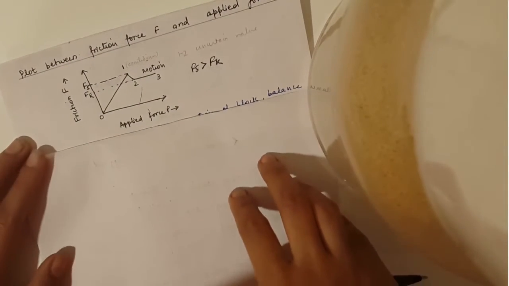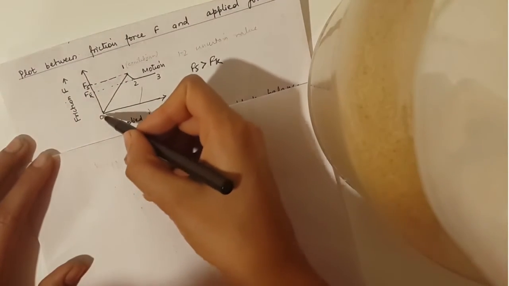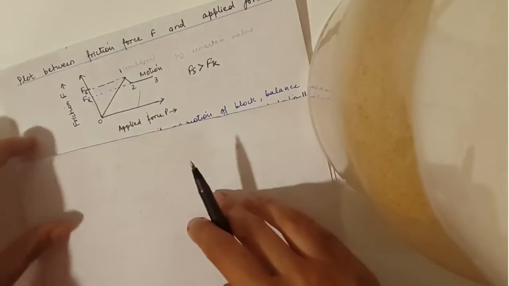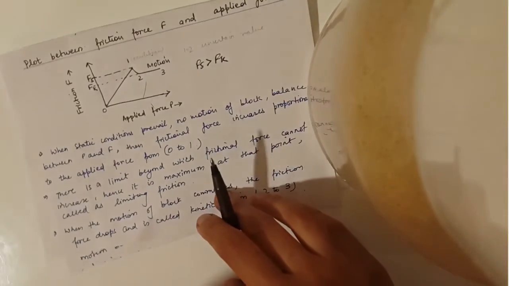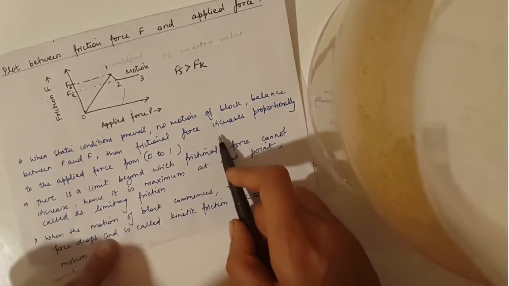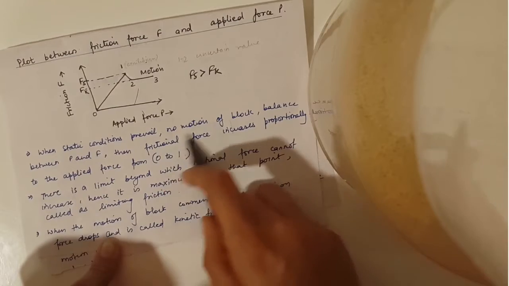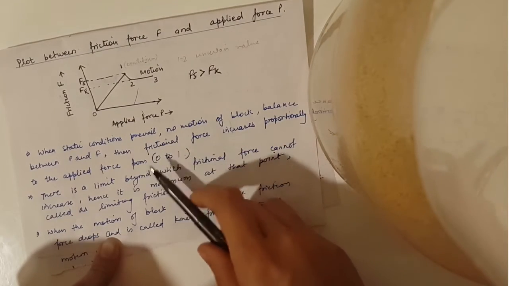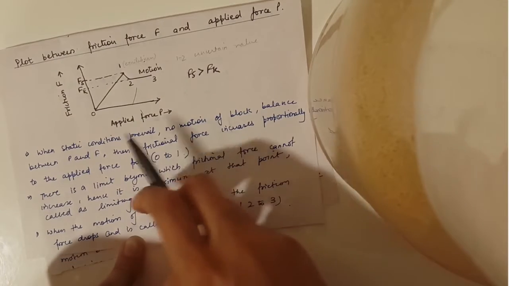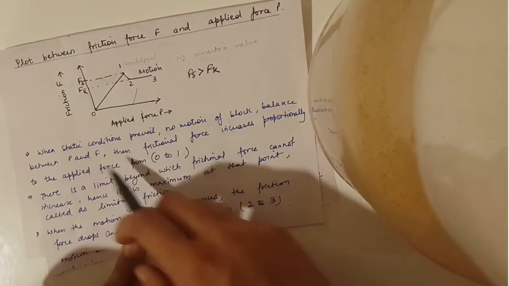Initially, let's see the condition. Initially, when static condition prevails, there is no motion of the block. It means initially the block is stationary when P and F balance each other.